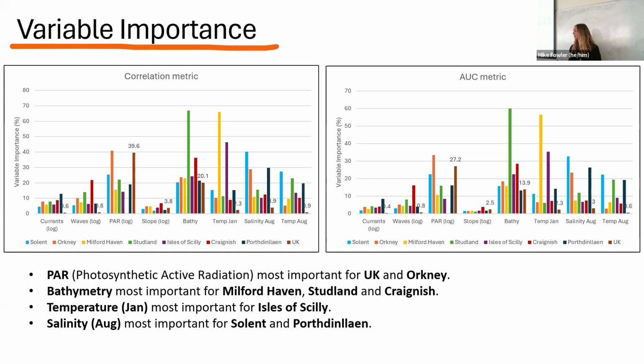It makes sense because they're plants, they need light in order to photosynthesize and to grow and exist. Bathymetry was then the most important for Milford Haven, Studland and Craignish. Temperature for the Isles of Scilly, which is interesting. Salinity was most important for the Solent and Portincline, but specifically salinity in August. So some of the data variables that I used were actually temporal data as well.